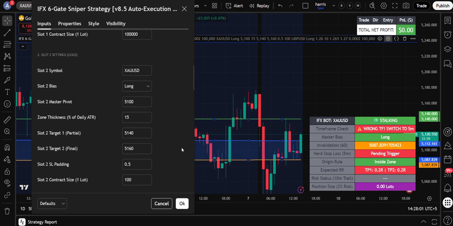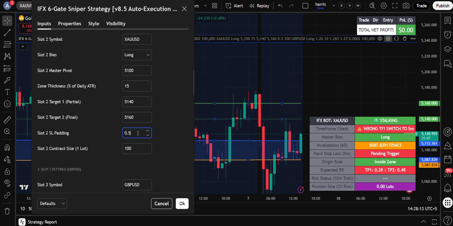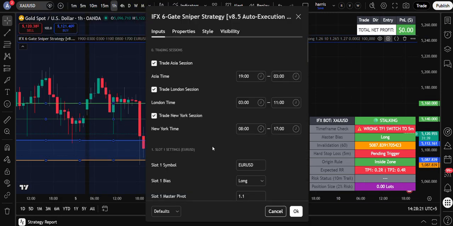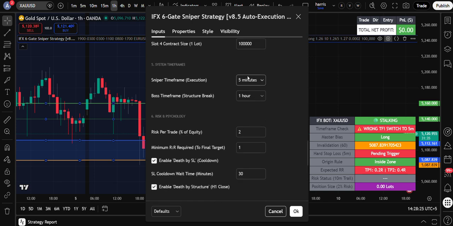Okay, now why isn't it loading? Yes. Okay, it changed itself. Okay, guys, as you can see, we have the TP1 at 5140, we have the TP2 at 5160. And guys, now we have the SL padding. Now, what is the SL padding? I will demonstrate it right in the chart. So first of all we're going to move our entry time frame to 1 minute.